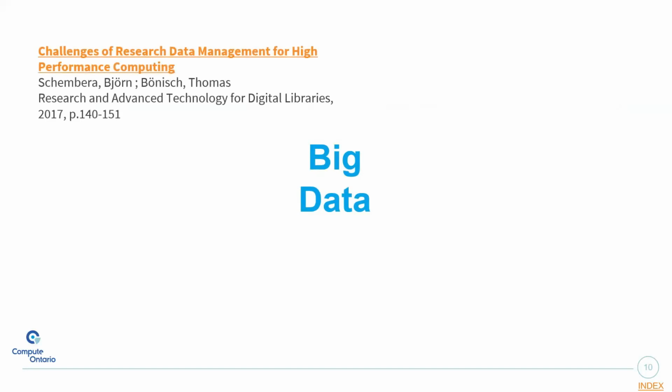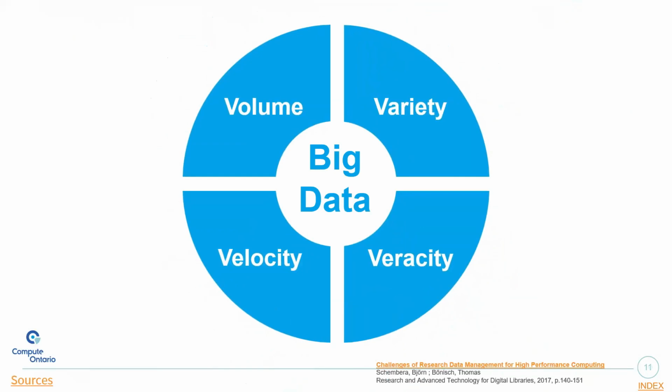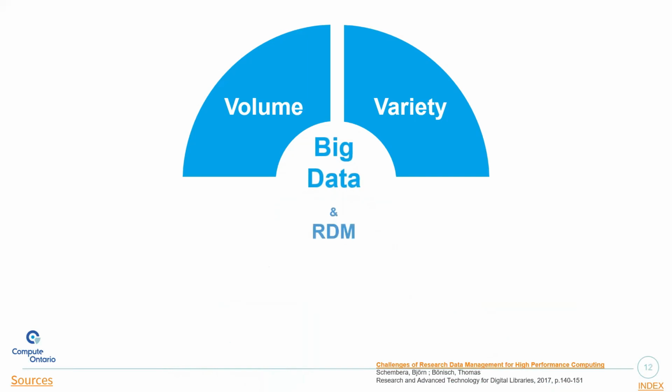The article Challenges of Research Data Management for High-Performance Computing discusses big data in the context of high-performance computing. And it focuses on 4 of the well-known V's related to working with big data: volume, variety, velocity, and veracity. And focuses in particular on volume and variety.